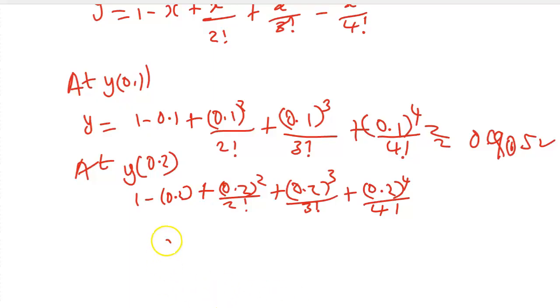If you plug this in your calculator, you should be able to get 0.822. And this is how you are able to compute some values using the Taylor series.